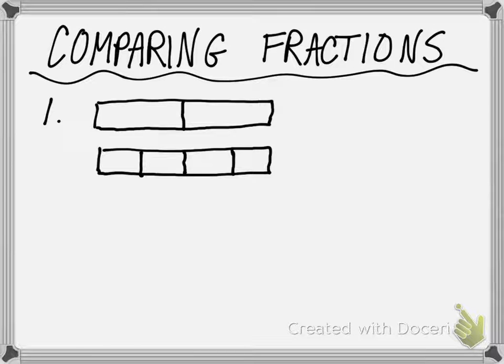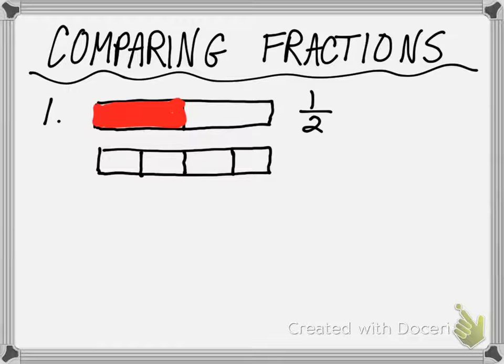All right, so in that first fraction strip, let's color in one of the halves. You can choose whatever color you like. And then we're going to write our fraction beside it. So there are two sections, and we have colored in one of them. Okay, on the next fraction strip, I would like you to color in 3 of the sections, any 3, and draw your fraction.